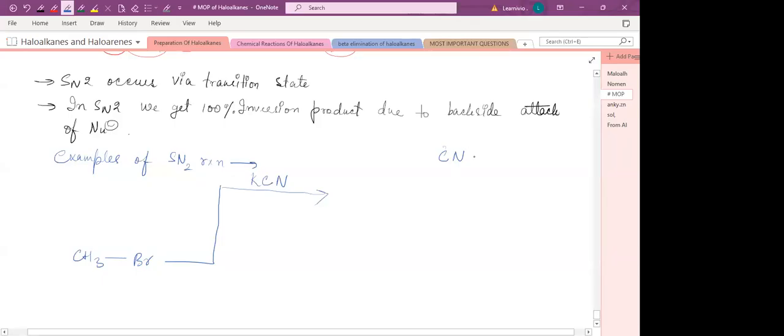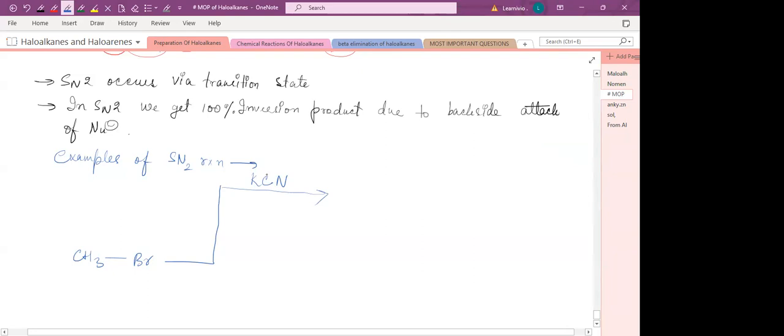Examples are CN minus, NO2 minus, AgNO2. These are some examples of ambidentate nucleophiles which have more than one donor site; they can attack from more than one site. In the case of cyanide, CN, this is an ambidentate nucleophile.